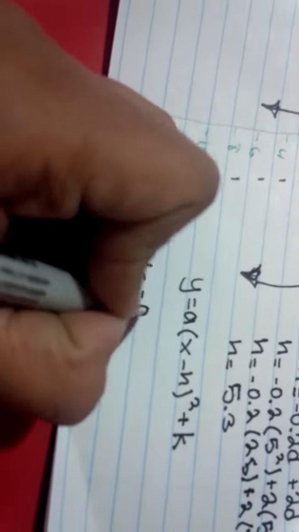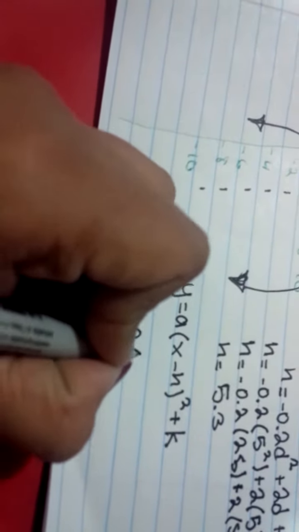So we're going to write y equals negative 0.2 times (x minus h), and our h is our 5, because remember AOS is the same as the h value, minus 5 squared plus our k value, in this case, 5.3. So now we learned from standard form how to convert it into vertex form, and we also learned the different parts. So let's review.